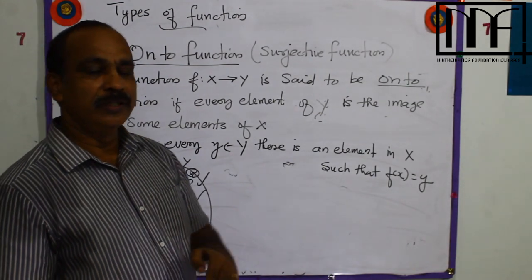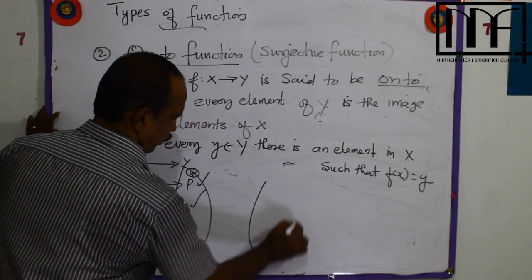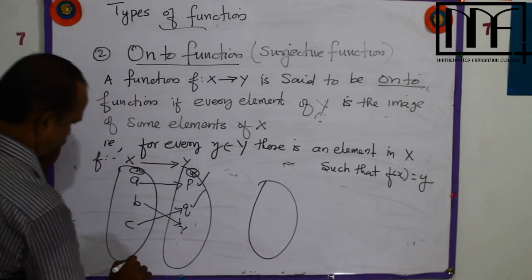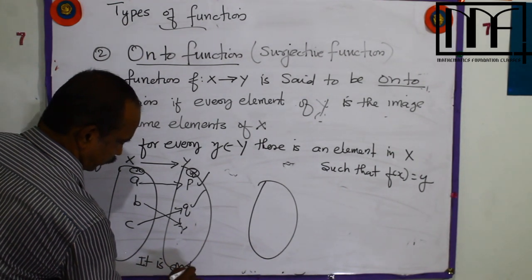Now let us see which one is not surjective, which one is not onto. We can see that this one is onto, or surjective.